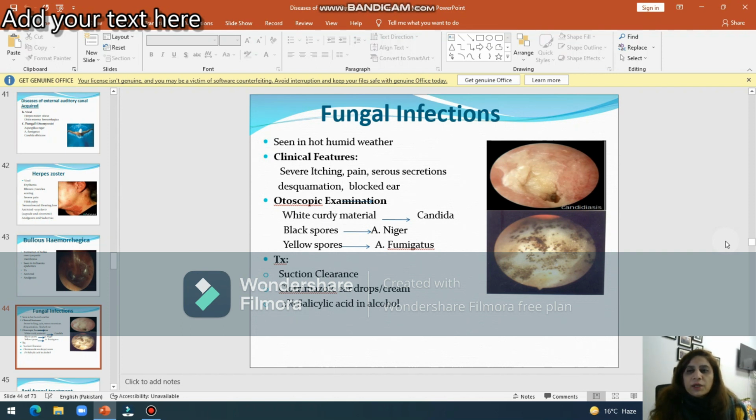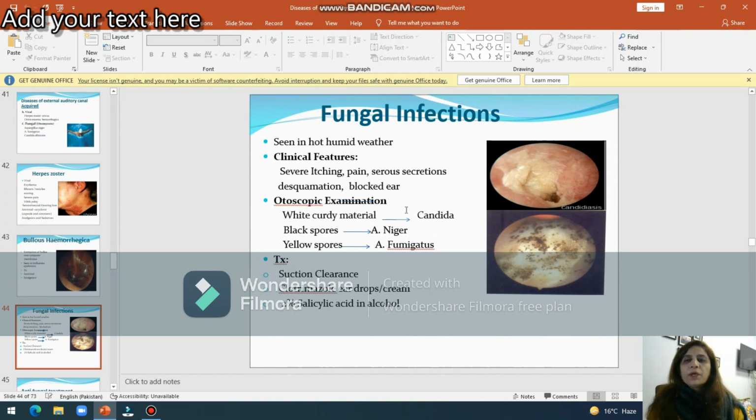And in cases of Candida infection, you will see curdy material, yogurt-like material, blotting paper-like appearance, like in this case and in this case. Aspergillus niger will show black spores, and Aspergillus fumigatus and flavus will show yellow spores.